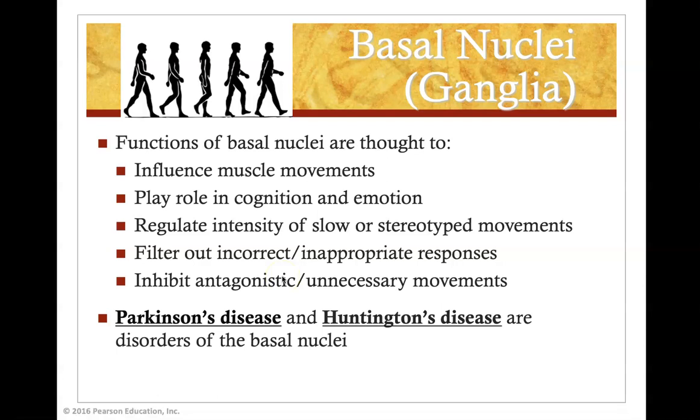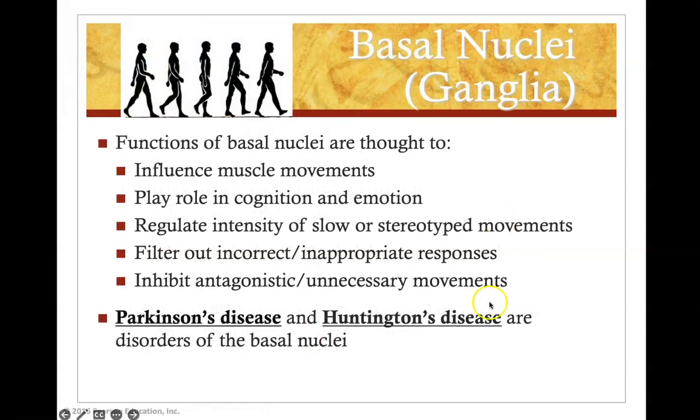An individual with Parkinson's disease will have these unnecessary movements where they might shake or they're kind of jerky because they're not always able to inhibit those antagonistic muscle movements. So that's the easiest way to picture the function of those last two: picture an individual with Parkinson's disease that has damage to these basal nuclei.